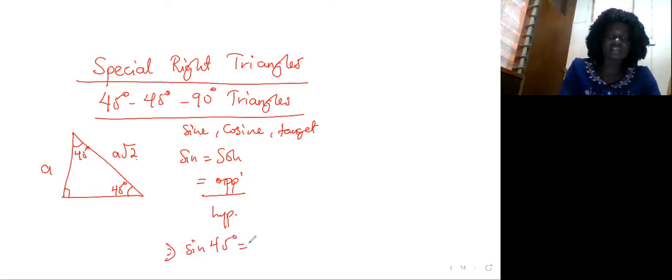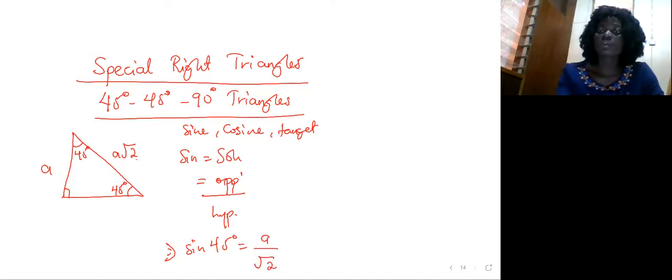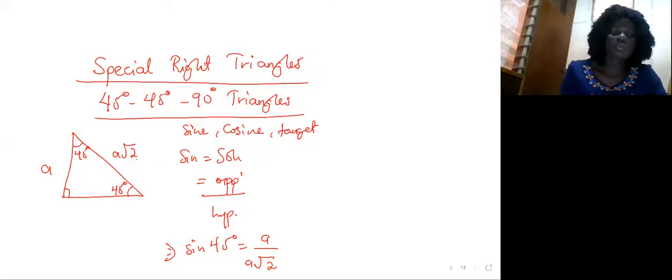So we are going to take sine 45 degrees. We are going to get opposite over hypotenuse. So opposite of A over hypotenuse. Okay, so that is a right angle triangle and we've labeled it.